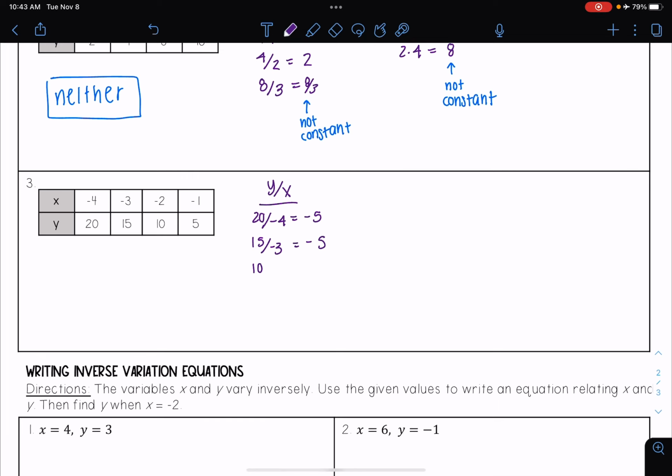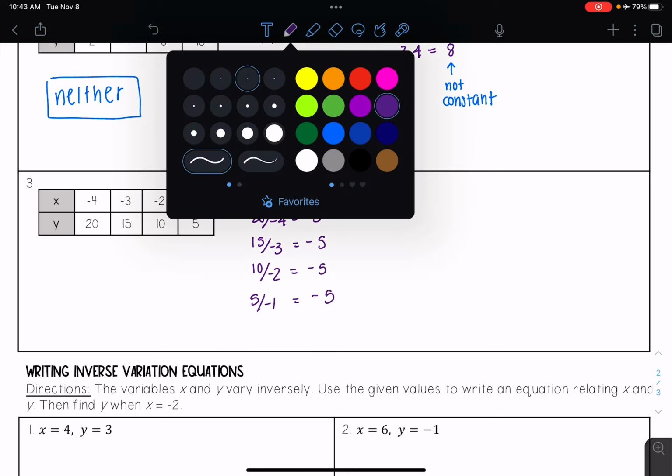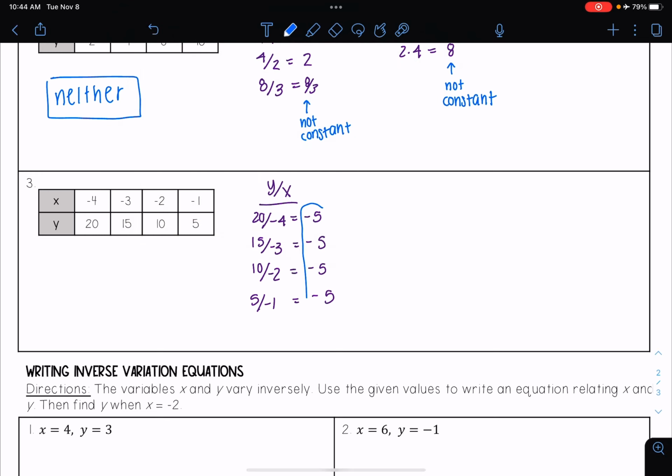Next one is 10 divided by -2, and I get -5. And then 5 divided by -1, and I also get -5. I got the same number each time, so this is constant. And since y divided by x was constant, that means this is direct variation.